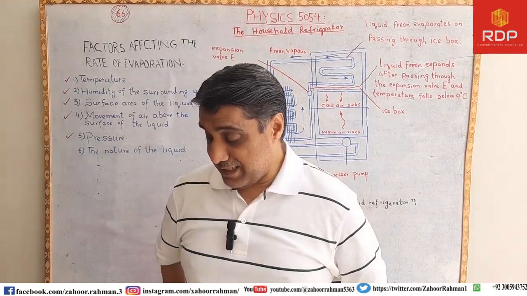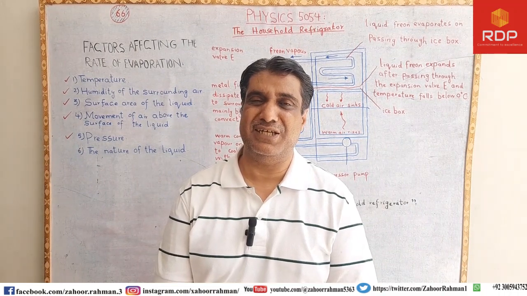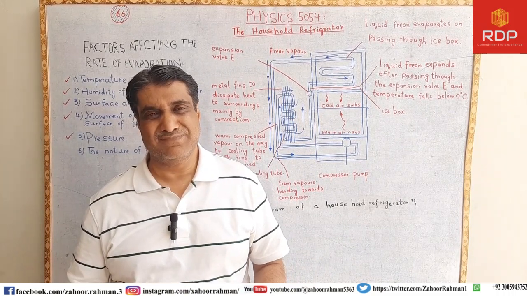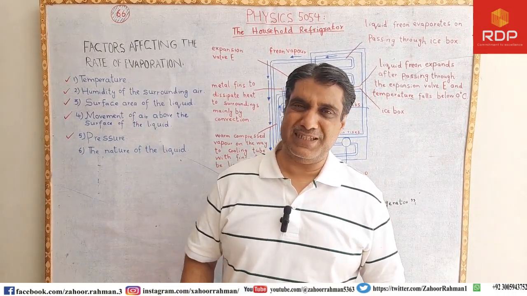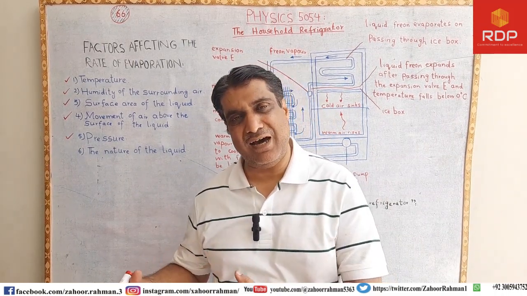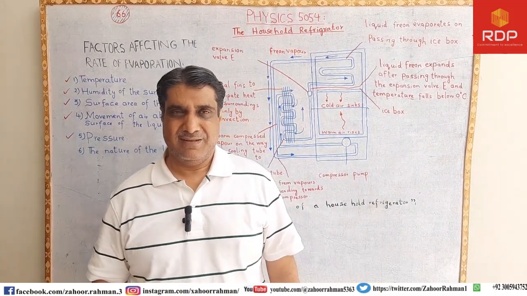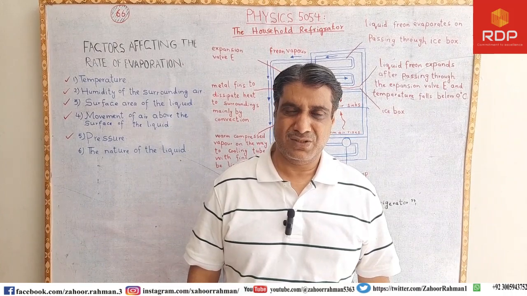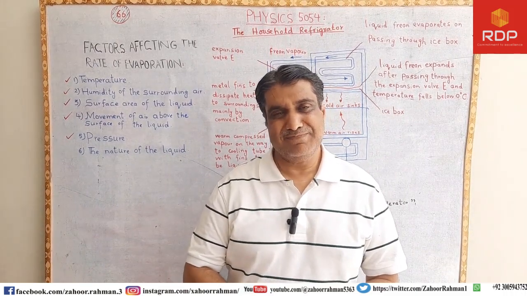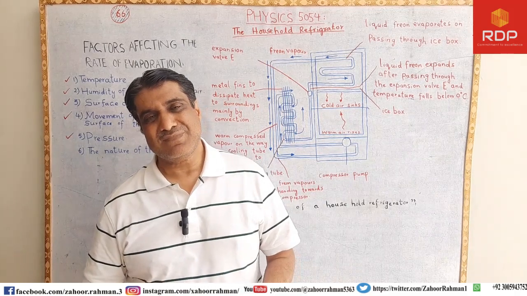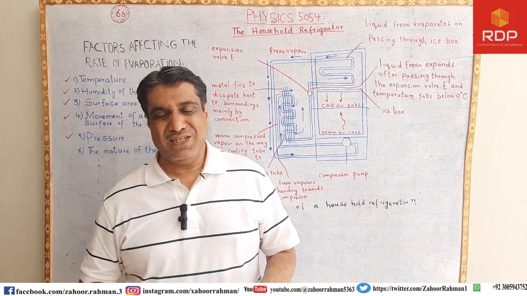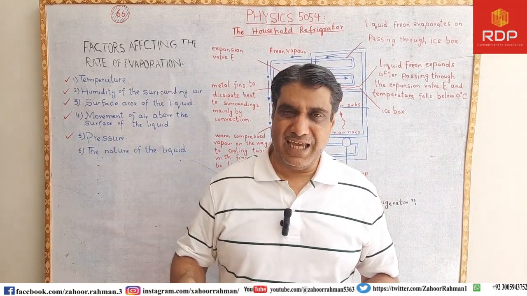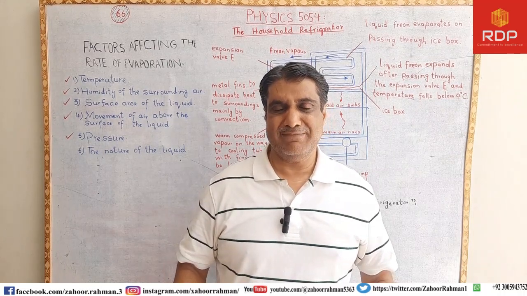The last one is the nature of the liquid. In 2 or 3 lectures back, I showed you a table of the boiling points of substances. If you observe that table, you will see that the substances which have low boiling points can evaporate very quickly.